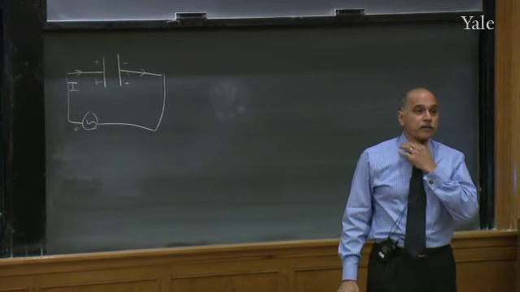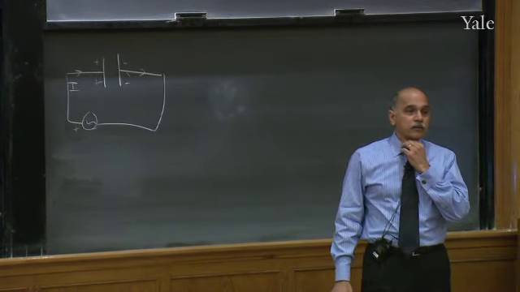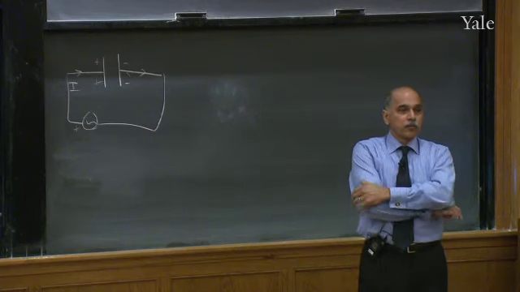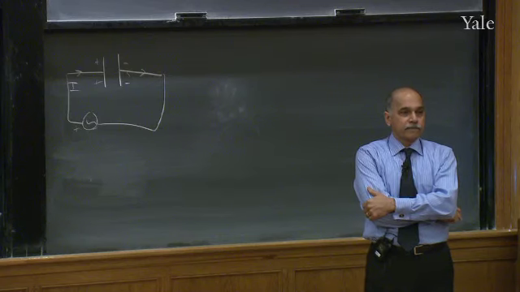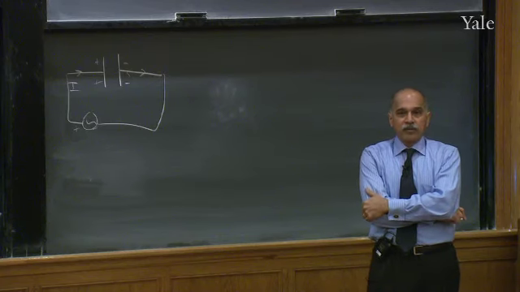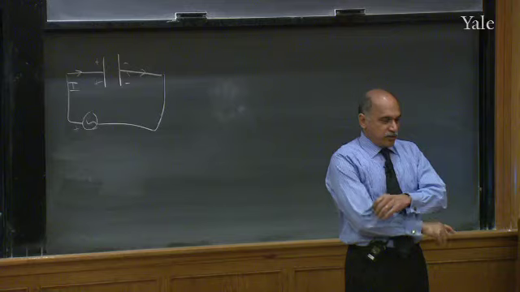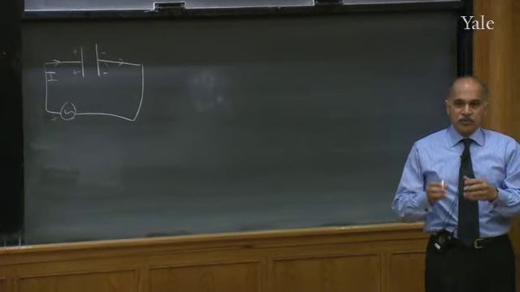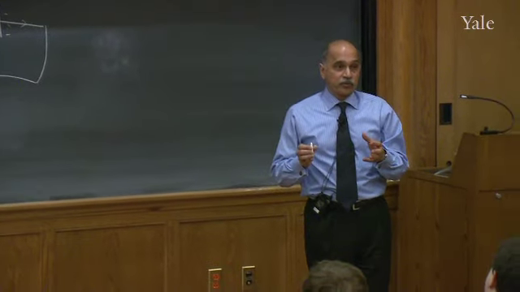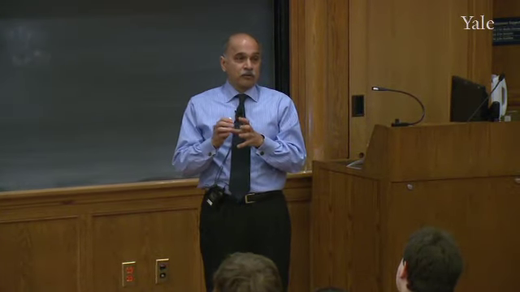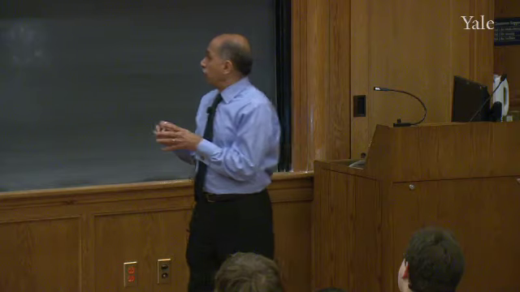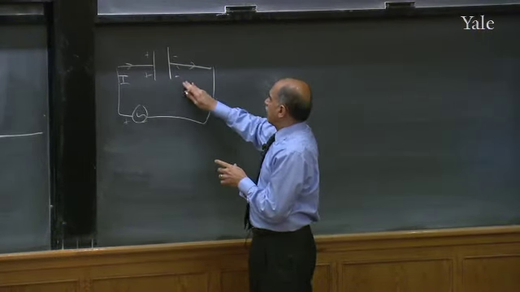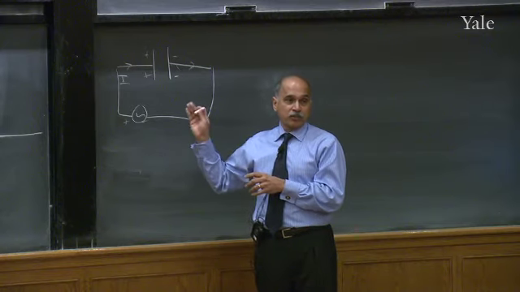Yep? It's sort of like a random question, but you know how we were talking about jumping the gap? So when would it actually jump the gap? It'll jump the gap if here's what happens. Depends on what's in the medium. If you put air, for example, the air molecules are all neutral. So there is no way for the plus charges to ride them and go to the minus terminal.